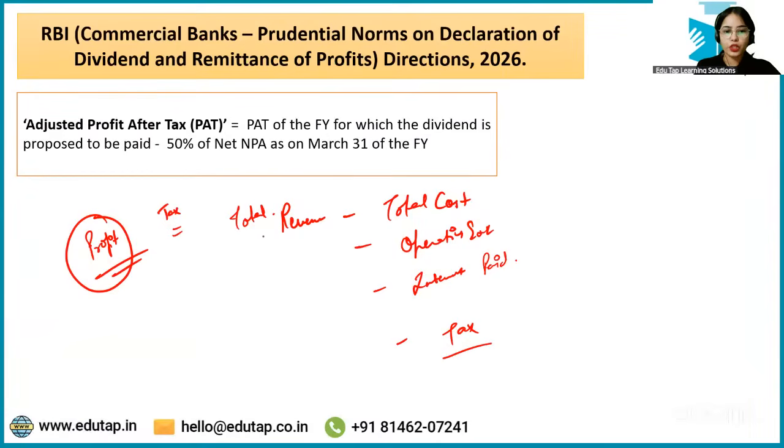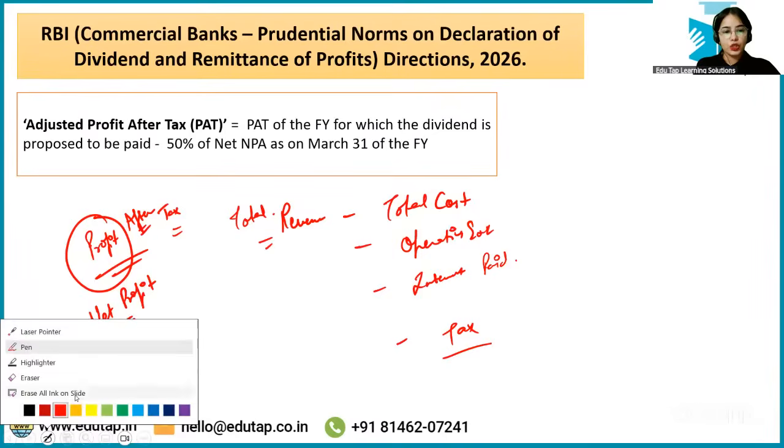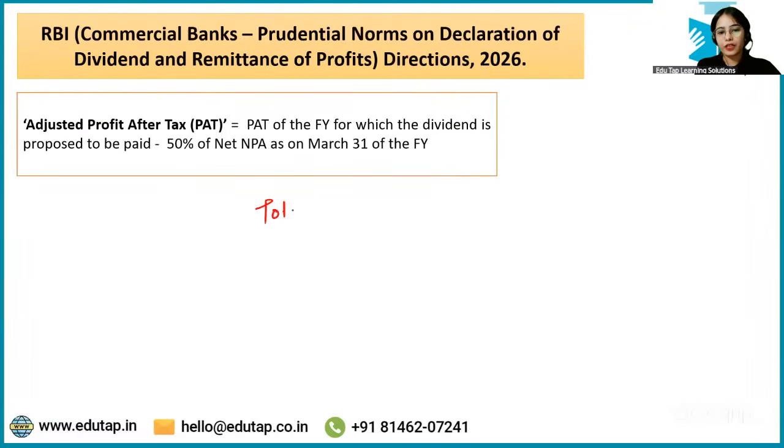So from the total revenue earned by the bank, deduct the cost, the operating expenses, the interest that has to be paid, and deduct the tax also. So we have the profit after tax. This is the profit that is left with the bank after paying the tax. This is also known as the net profit. From the total revenue, the bank deducts the total cost; this is the gross profit.